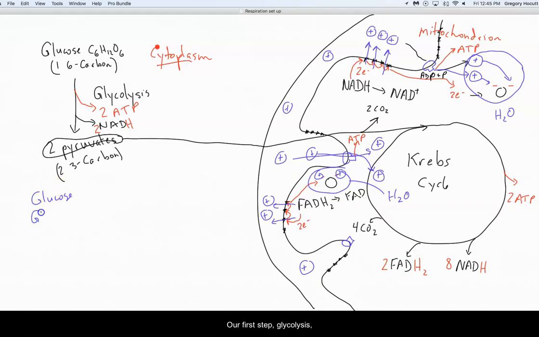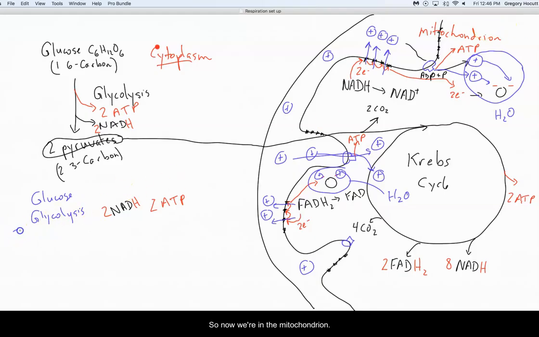Our first step, glycolysis, generates 2 ATP and 2 of these alphabet soup molecules called NADH. Okay, and that's it. Then we move into the mitochondrion.